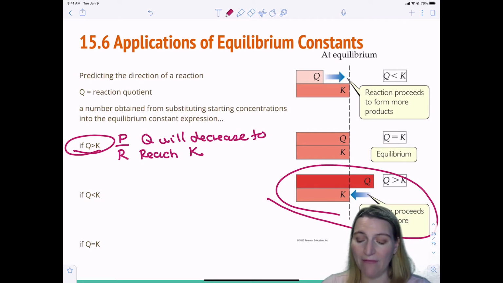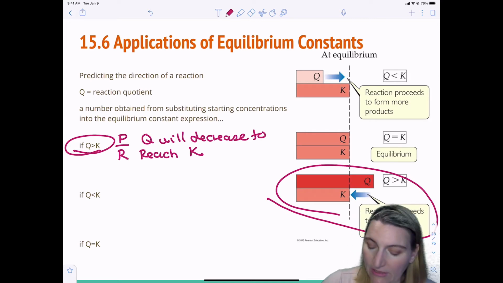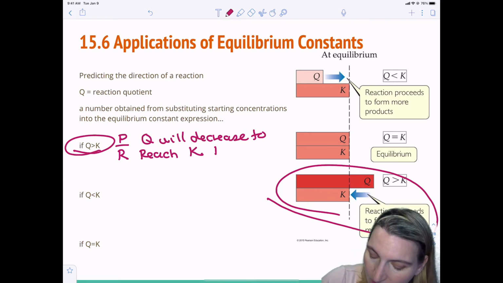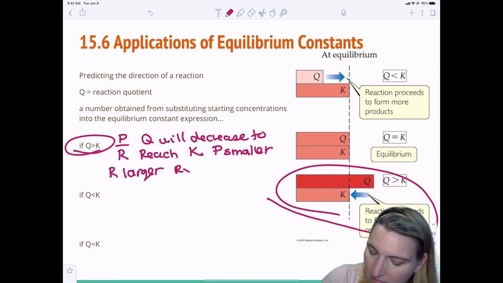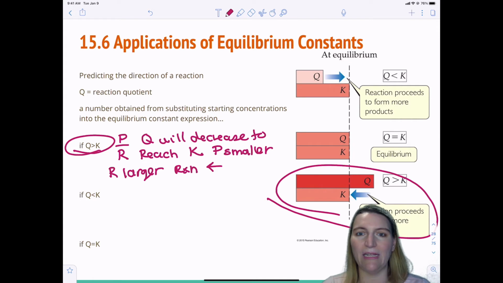So Q will have to decrease to reach K, which means the reactants will get larger, the products will get smaller, which means the reaction will proceed in the opposite direction. It will proceed to the left.